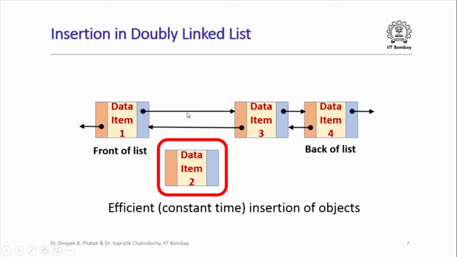Similarly, insertion in a doubly linked list can also be done very efficiently. In fact, once again, it can be done in constant time. So for example, suppose this is a data item that I wanted to insert in this list at this position.